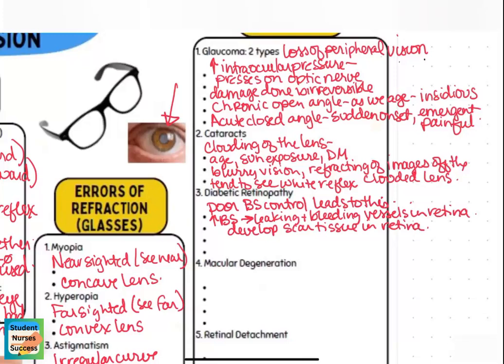Visual loss and blurry vision will develop as that scar tissue increases. Now, sometimes you can do laser surgery to help remove some of that scar tissue as a treatment, but really the best way is to prevent the development by having tight blood sugar control. So it's important for diabetics lifelong to maintain that good blood sugar control so that they don't develop these weakened vessels in their retina.